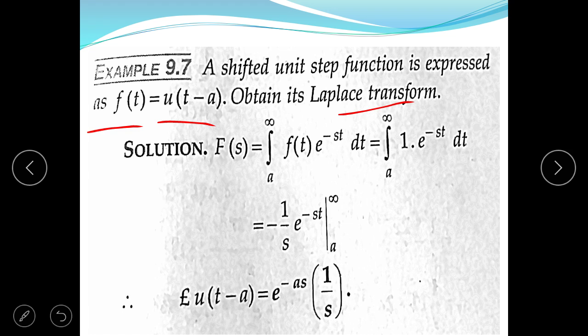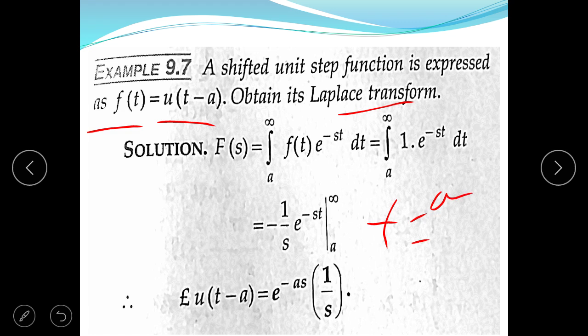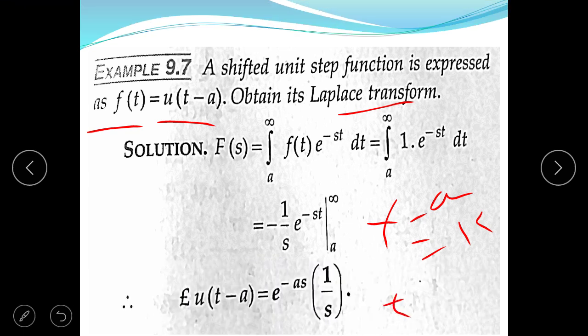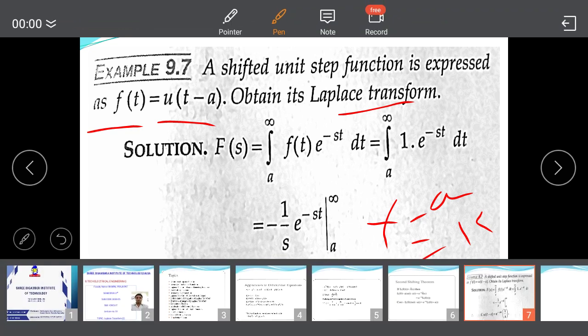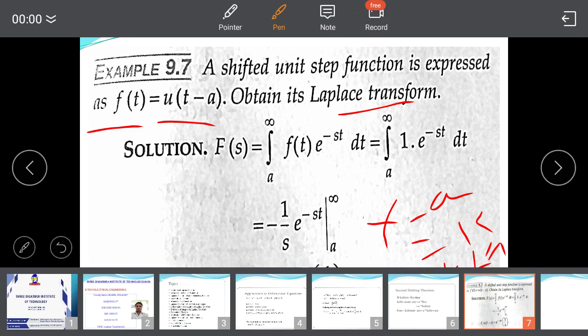We can write t minus a is equal to a new variable, which can be considered as k. So t is equal to k plus a.